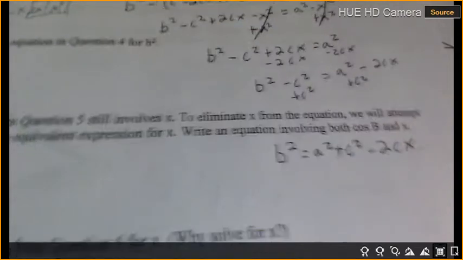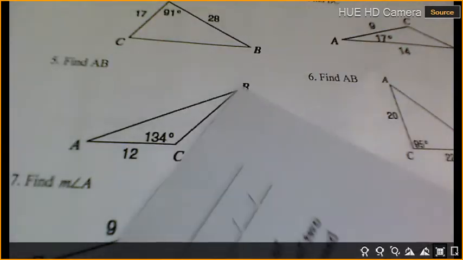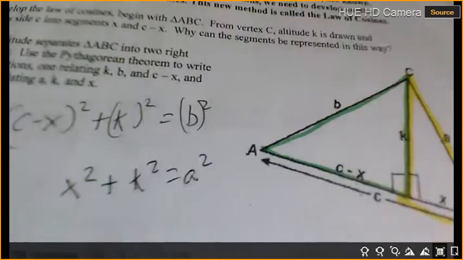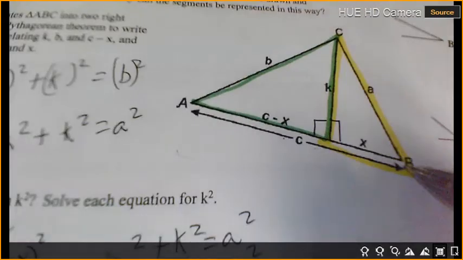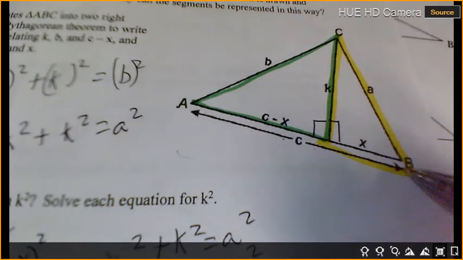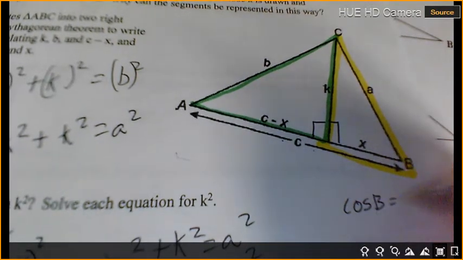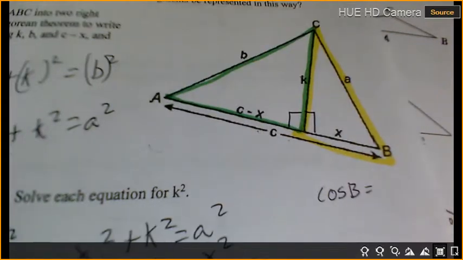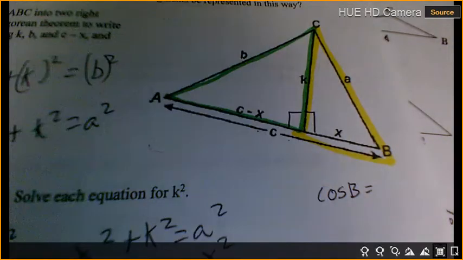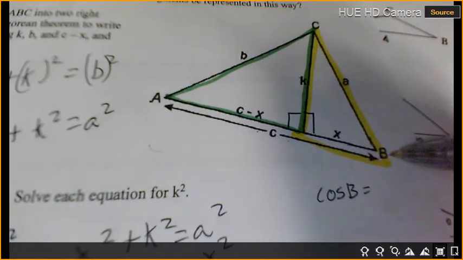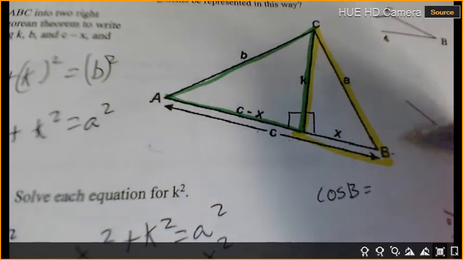Okay, so we're going to go back over here. All right, we've got b right here. If we were going to do the cosine of b, it would equal what? What's the adjacent for b? Okay. Try again.